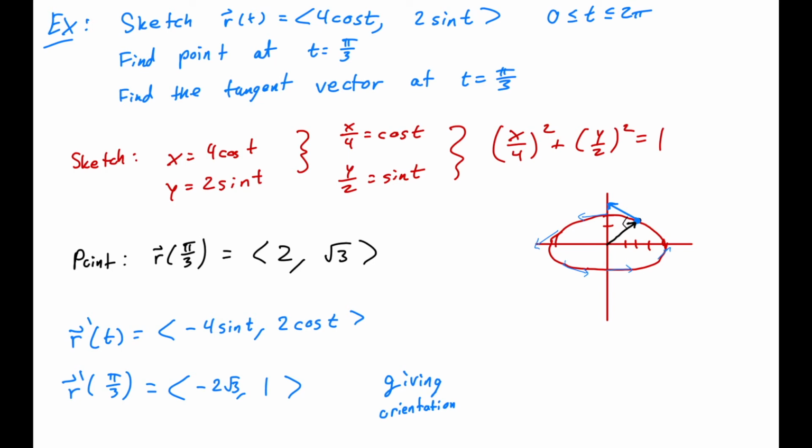So I want to say when we graph the tangent vector, a lot of years I see students not understand this. You graph the tangent vector with initial point at the point of tangency. It doesn't have to be exact, but the initial point is at the point of tangency.